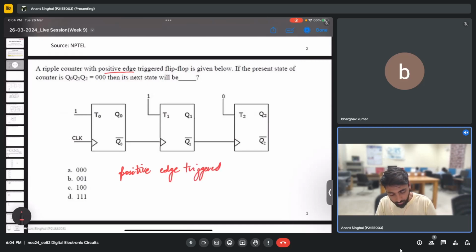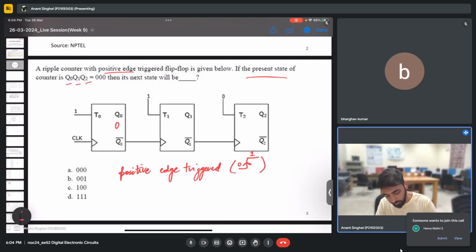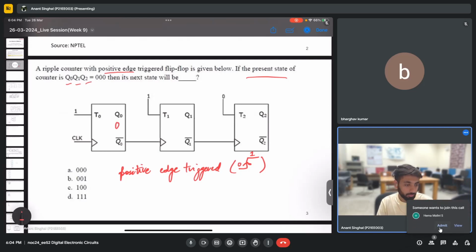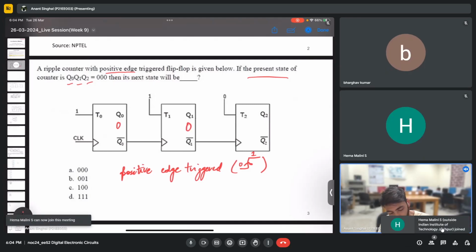That is, it will only work when it gets a positive edge, that is from 0 to 1. Then it is saying that if the present state of the counter is q0, q1, q2, where q0 is initially 0, q1 is also 0, and q2 is also 0, then what will be the next state of the circuit.